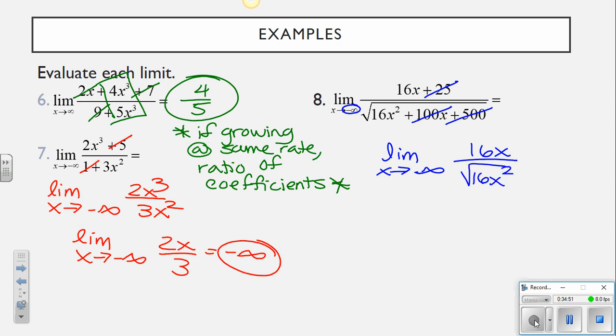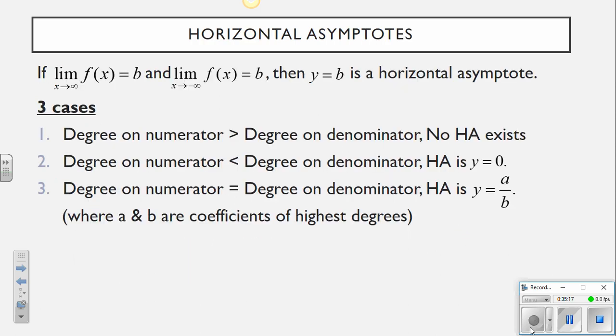You guys see that? Yes. Now, can you take the square root of 16x squared? Yes. What is that? So the limit as x approaches negative infinity of 16x over 4x means that they're actually growing at the same rate. So what is this going to evaluate to be? 4. Tell me why.